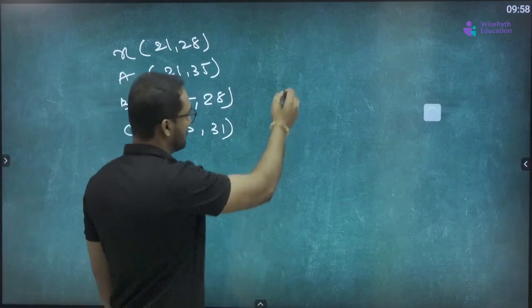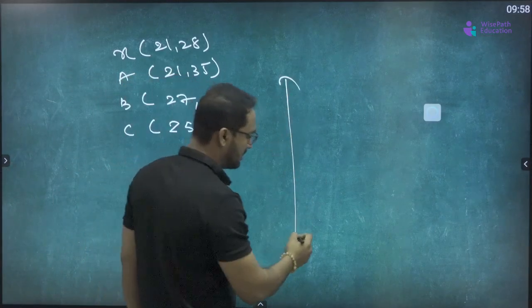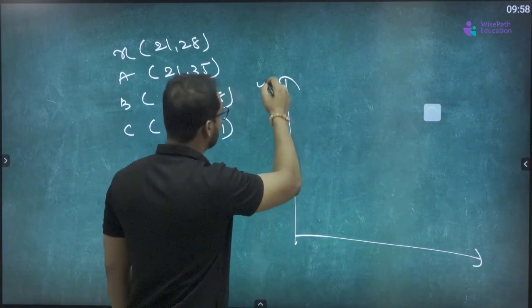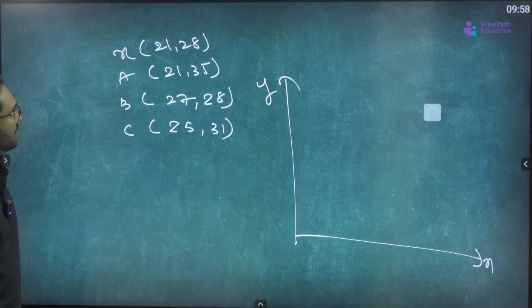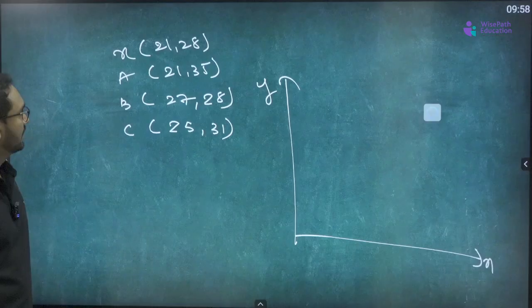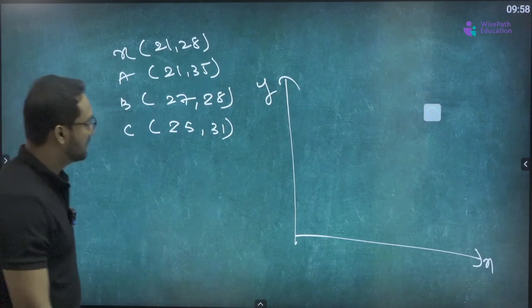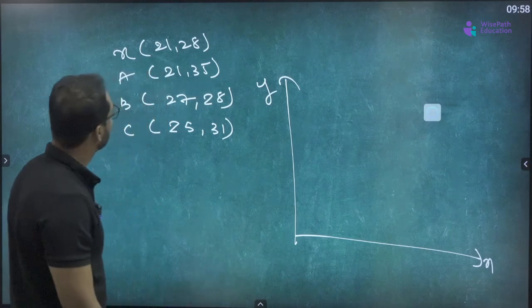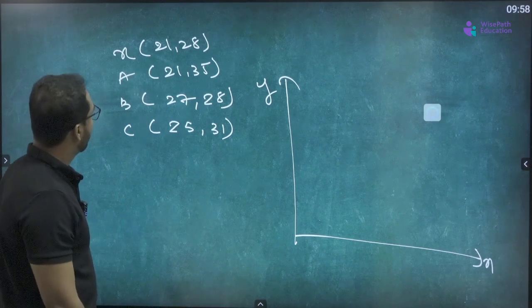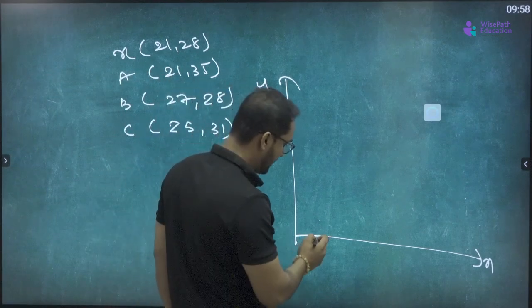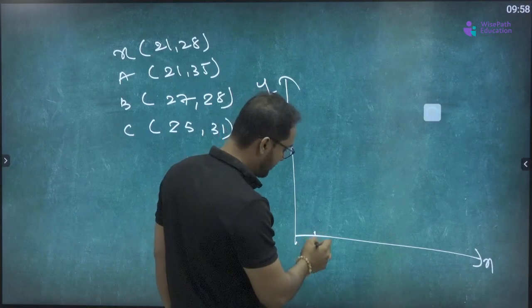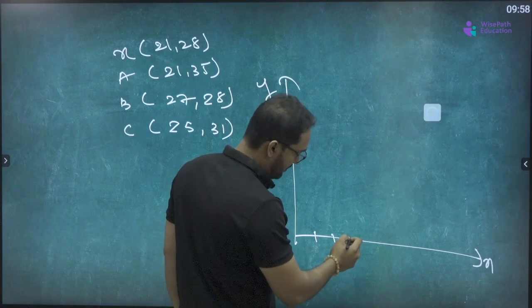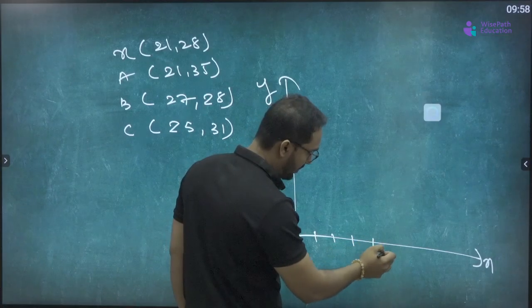So now let's say I am drawing the lines like this, y and x. So these are the 4 points, right? And if I take X, that is 21, 28, I'll take steps of 5 by 5, which would be fine. 5, 10, 15, 20, 25.